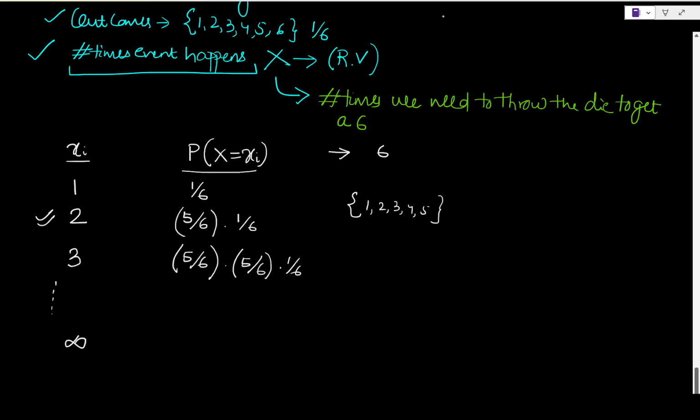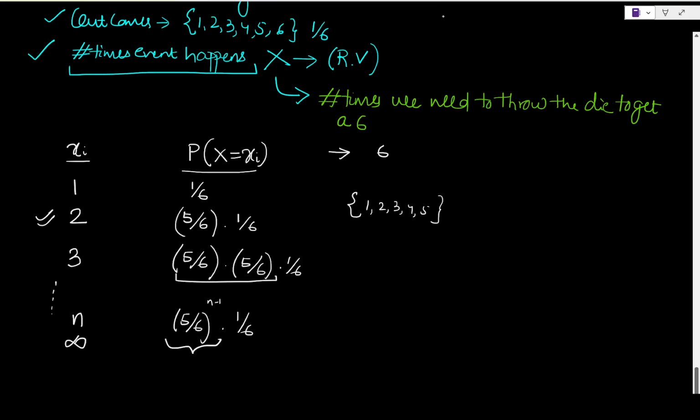And for every value we'll have this pattern. So if xi is some n, we'll have 5 by 6 to the power n minus 1 multiplied with 1 by 6. That's something that is important to know. If we're getting a 6 in n throws, it means we did not get a 6 in the first n minus 1 throws. The probability of that happening is 5 by 6 raised to the power n minus 1.